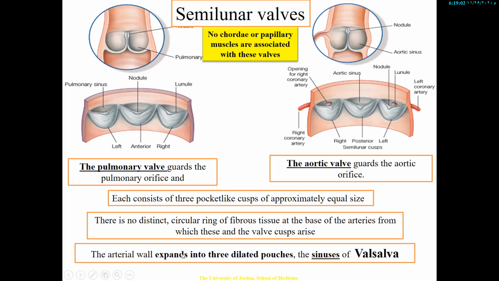The arterial wall expands into 3 dilated pouches, the sinuses of Valsalva. So they are rather the cusps themselves. They are similar to a pocket, and that's why we call them sinuses.